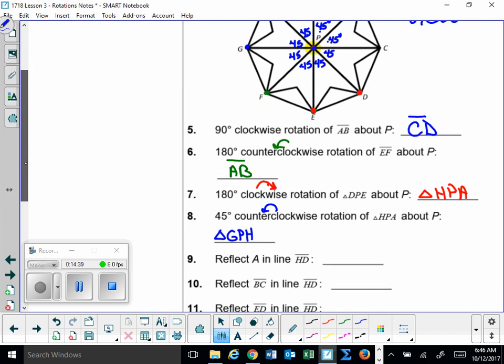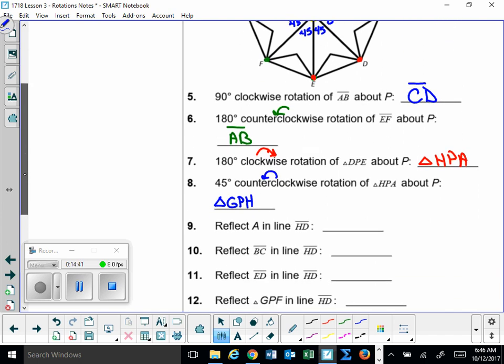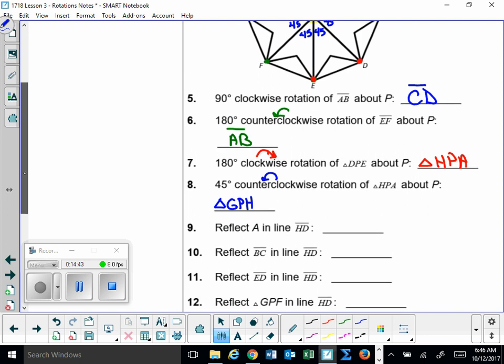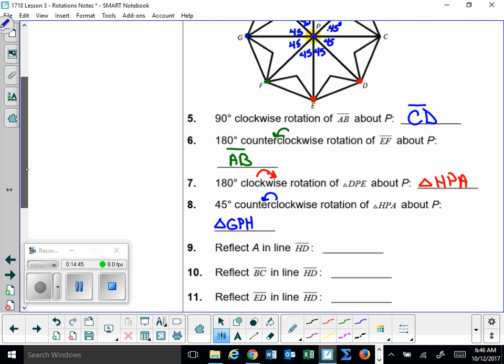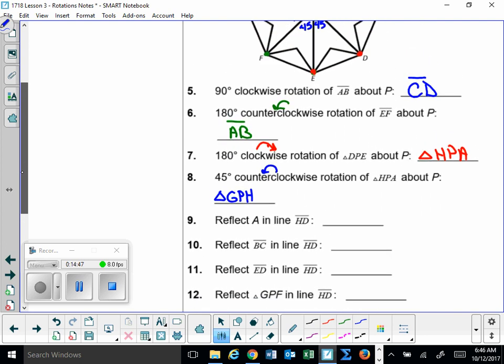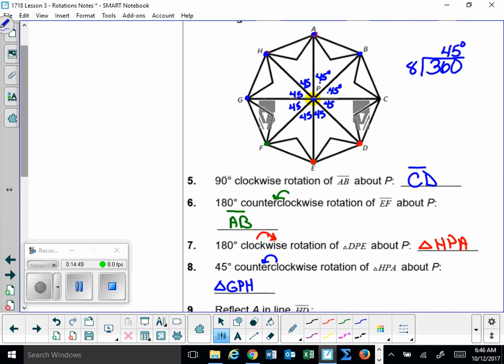Ooh, reflect. We haven't talked about reflections in a little while here. We're going to reflect all of these in line HD. So I am going to highlight HD, just to keep that at the front of my brain. Now remember, reflections from our very first lesson have to be perpendicular to that line.